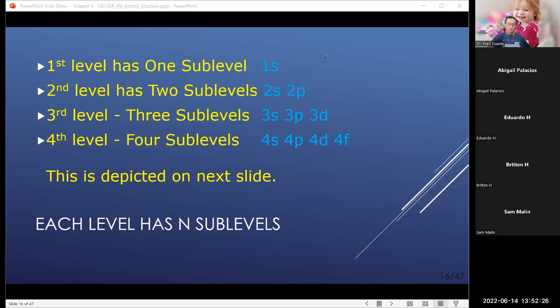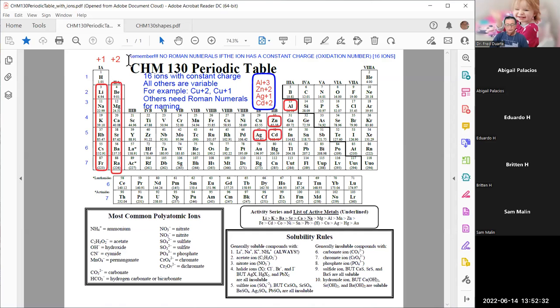Now, let me go back to the periodic table. When you look at your columns, the first 2 columns on the far left, denoted by 1A and 2A, notice there are 2 columns. We think about these as the S elements.